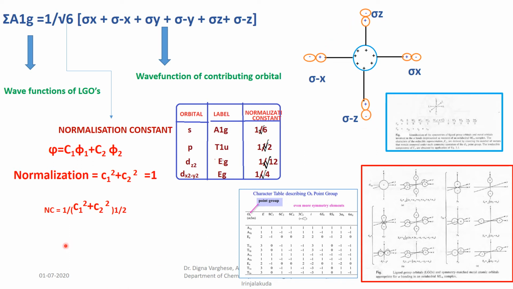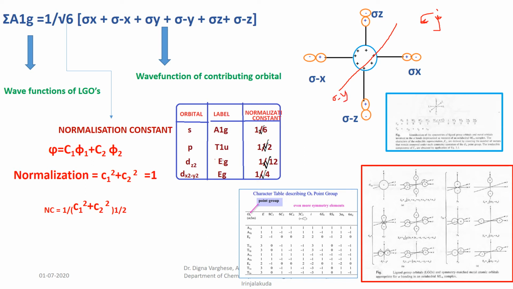In this case we can see the sigma x direction, y direction, z direction here, and we can draw the y direction also, and represent it as the sigma bond along the y-axis and the sigma bond along the minus y direction.